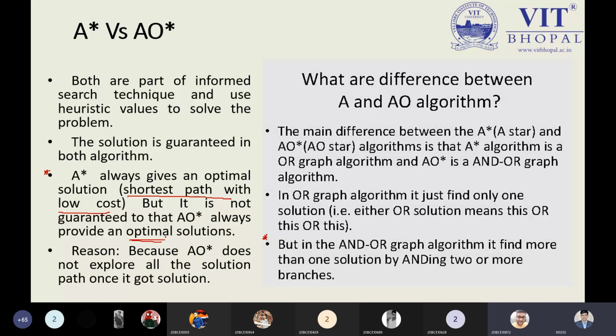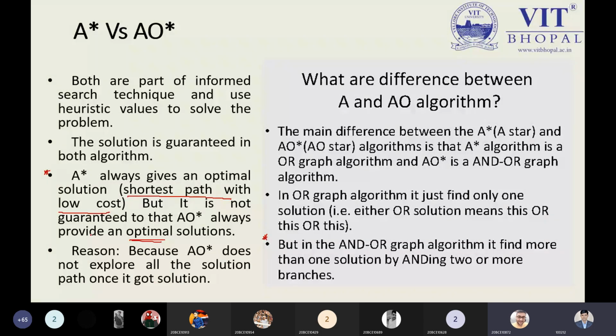But after applying the AO star algorithm on the same example, I have another chance, though there's no guarantee every time I can get the best score. The reason is that AO star does not explore all the solution paths once a solution is found. But this is not a drawback; it is just a possible thing we can say.